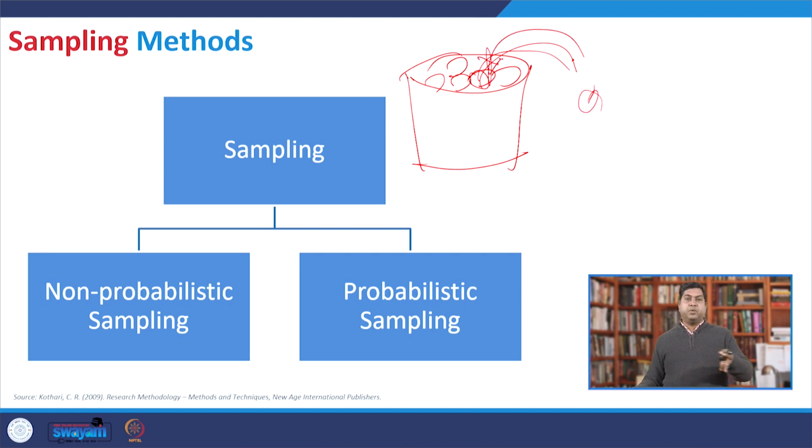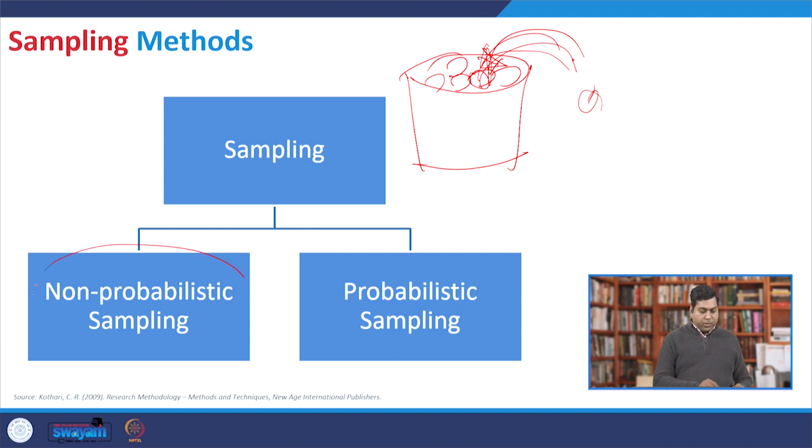So what is the probability that this ball is selected? It may be pebbles, it may be balls, or the fruit. So this process of selecting a sample is sampling.